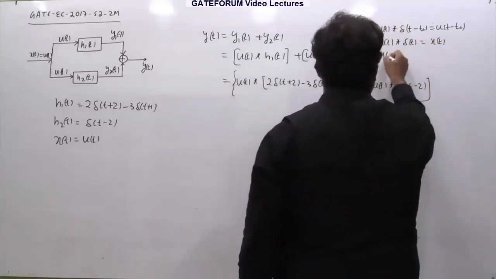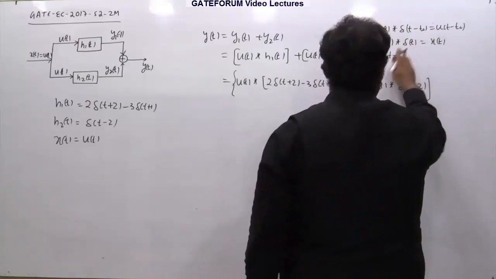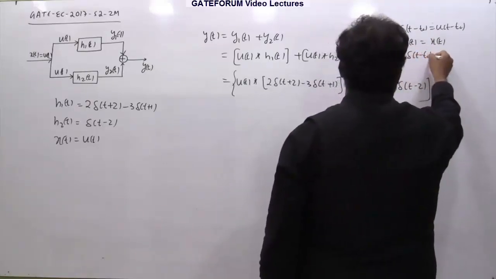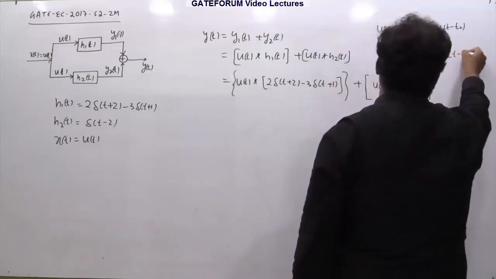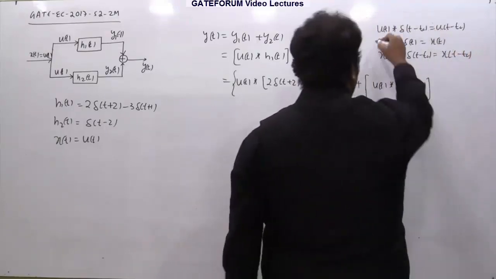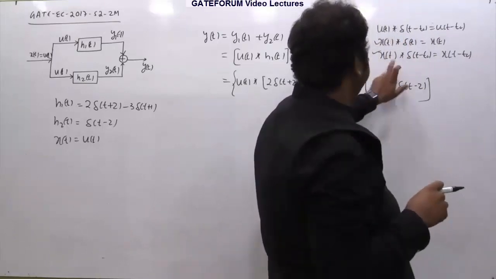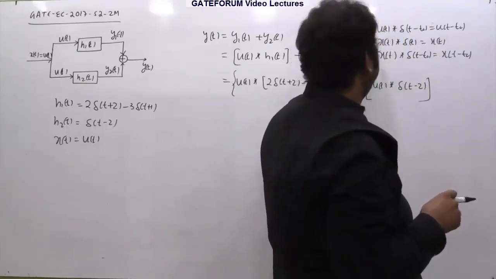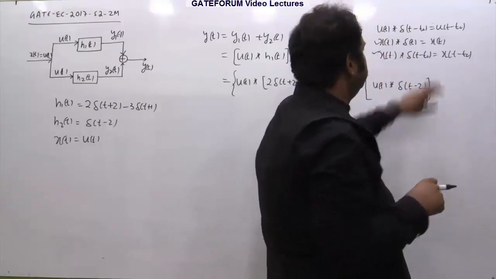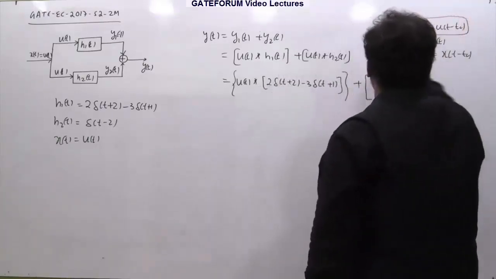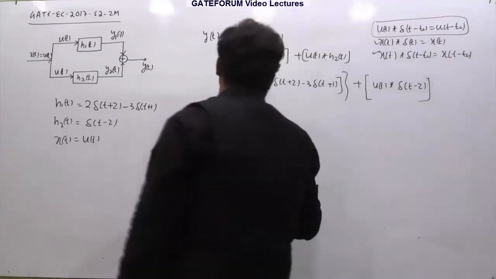And then by the shifting property, x of t convolved with delta of t minus t naught will be equal to x of t minus t naught. This is the standard shifting property. And in place of x of t, if I take u of t, I get this relation: u of t convolved with delta of t minus t naught is equal to u of t minus t naught.